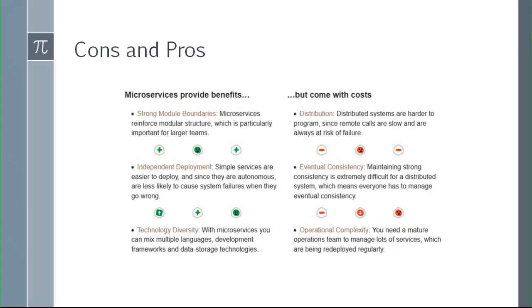They should manage a lot of services on different servers, different machines, even different Docker containers. So it's a huge amount of work for the operation team, and they should redeploy each service on a regular basis.